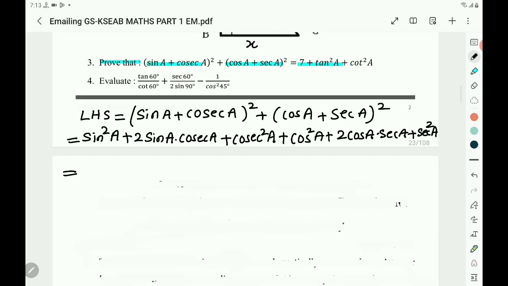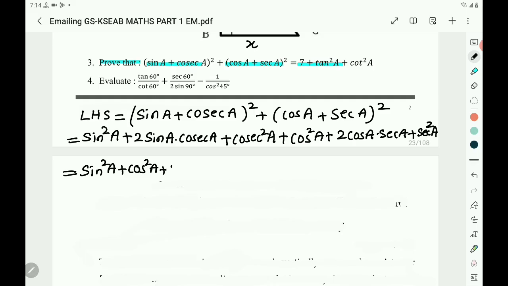Now bring sin square A and cos square A together: sin square A plus cos square A. Sin A and cosec A are the reciprocal of each other, so express one in terms of the other.